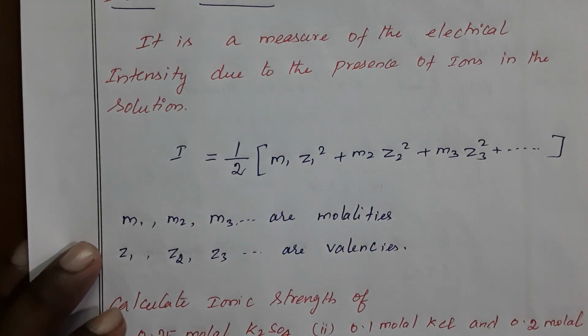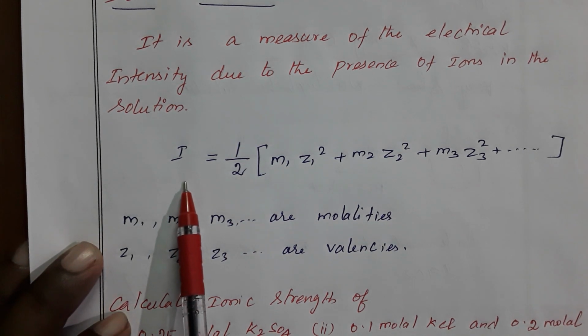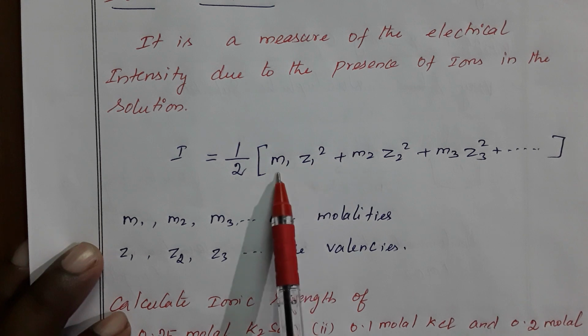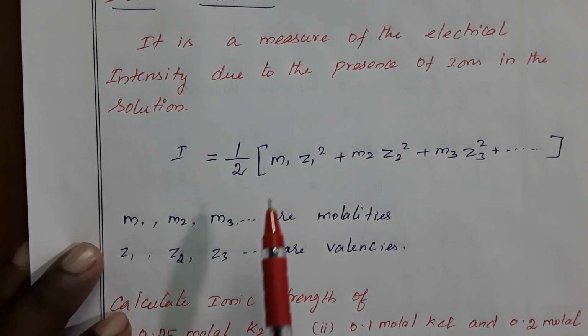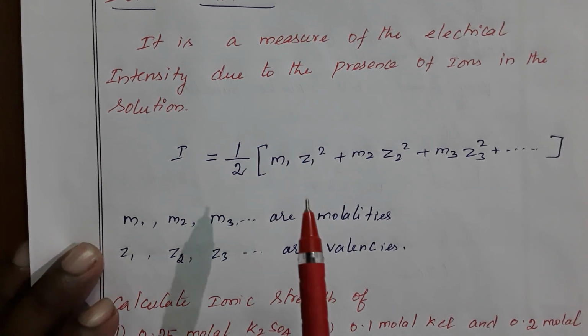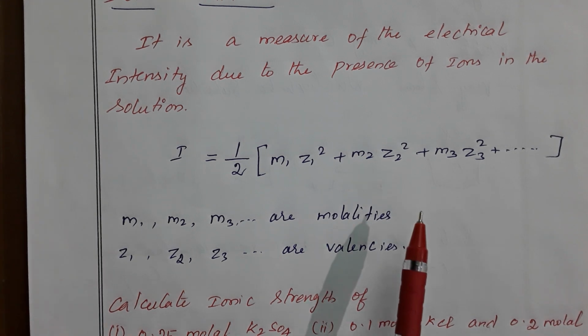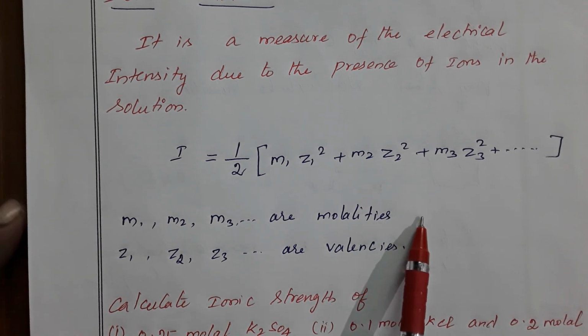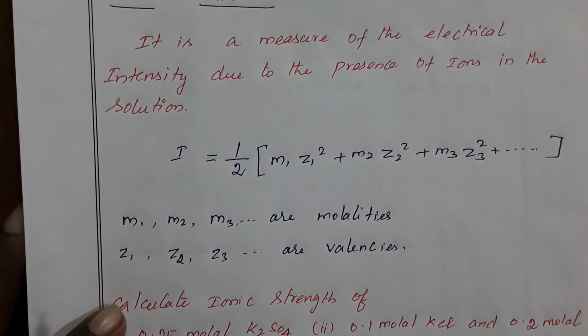This is the formula for finding ionic strength: I equal to 1 by 2 sigma m1 Z1 square. Here m1 is molality and Z1 is valency. For ionic strength, you have to consider both valencies as well as the coefficients.